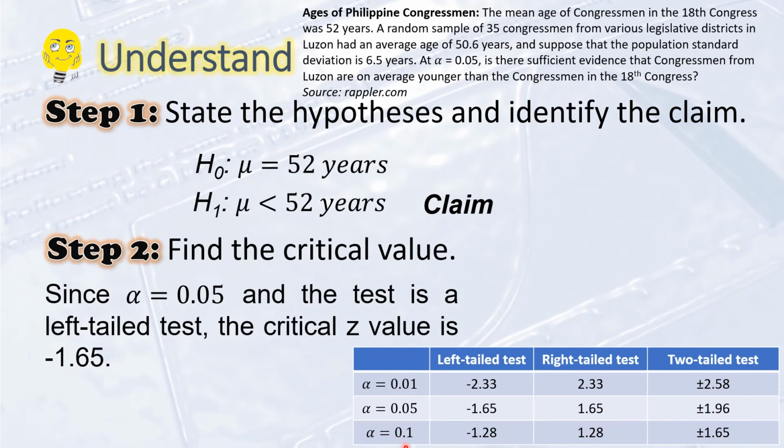At alpha 0.1, a left-tailed test will use negative 1.28 as a critical value for z, positive 1.28 for a right-tailed test, and positive negative 1.65 for a two-tailed test.